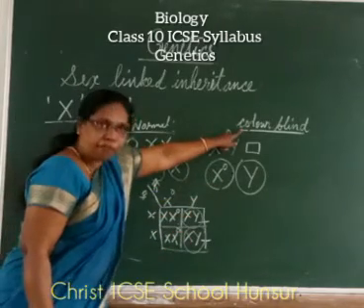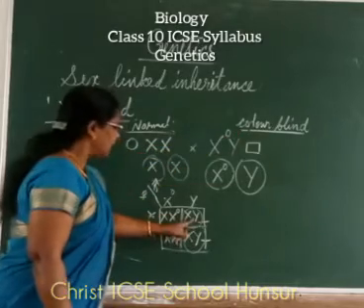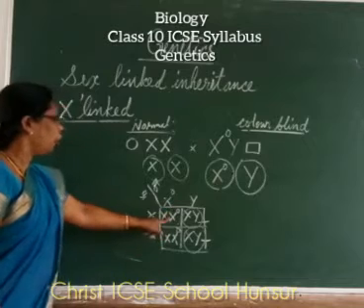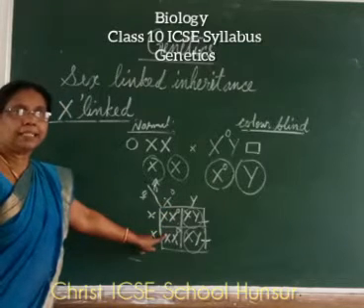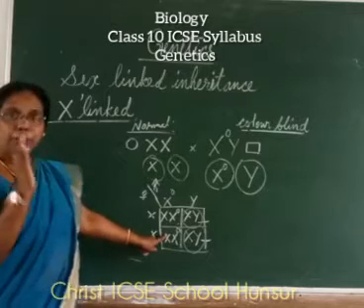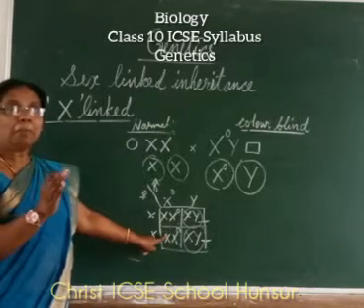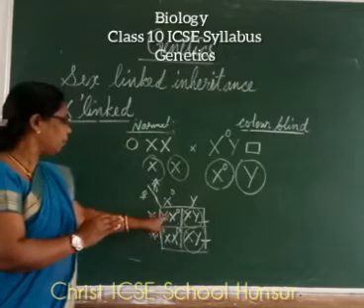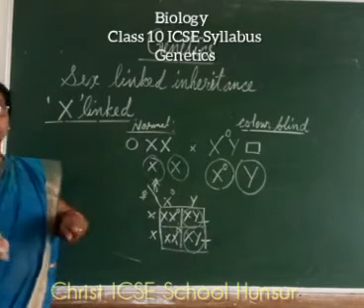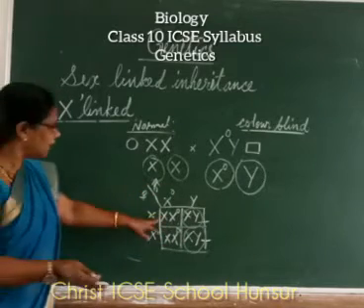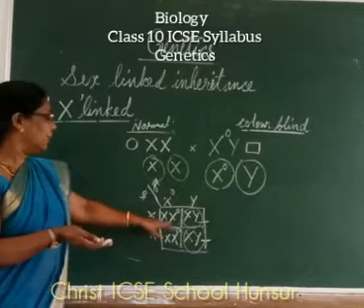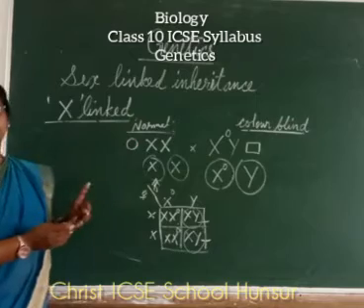For a colorblind father, the sons both are normal, whereas both daughters, you can see, are carriers. Phenotypically or externally they will not show this character, but still they can pass this character from one generation to the next generation. These children, when they get married and produce their children, may be colorblind.